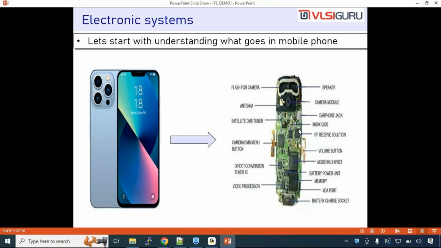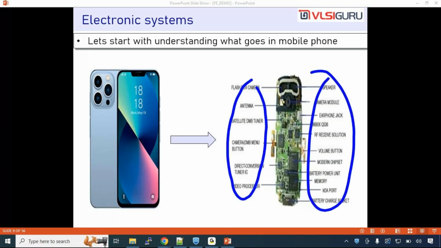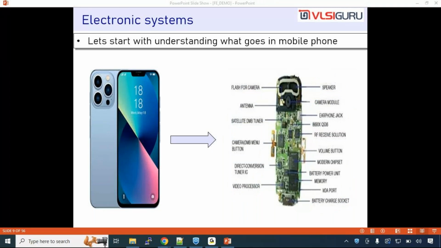What else will be there? Some memories will be there, DDR memory. Some peripherals like USB, PCI Express, different components. Modem will be there, multimedia subsystem will be there, camera subsystem will be there. All that put together is what is your mobile phone.